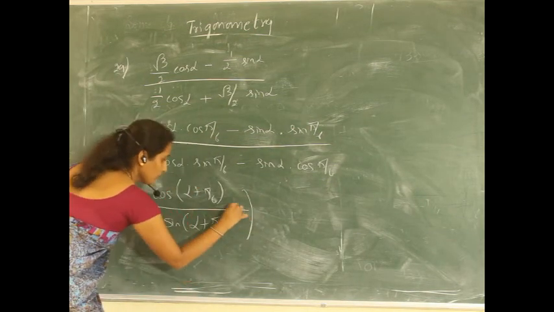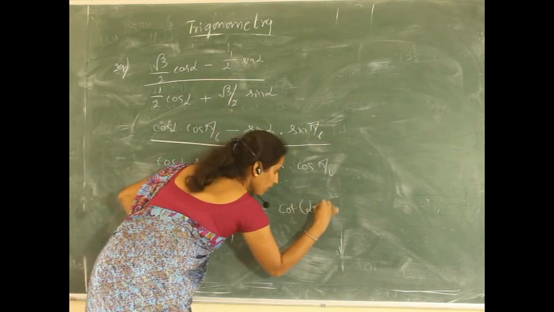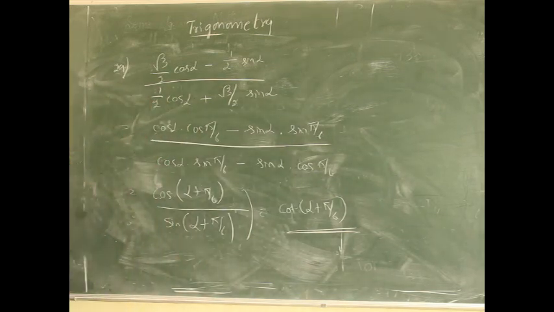So this is equal to cot of alpha plus pi by 6, or pi by 6 plus alpha, that is option C.